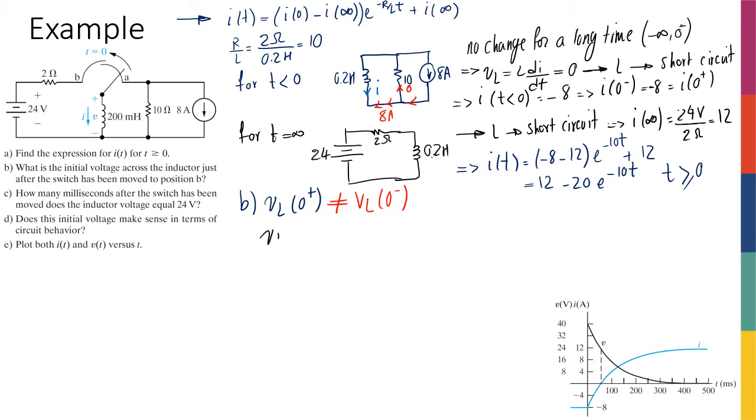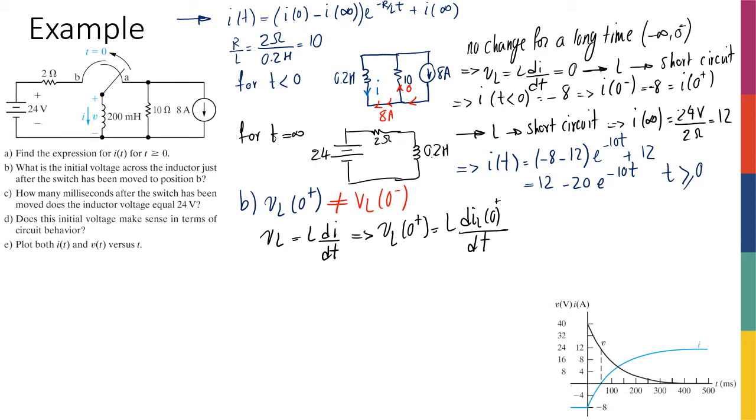Well, I know that VL is always L di over dt, right? Therefore, VL at 0 plus is going to be L dIL at 0 plus over dt.